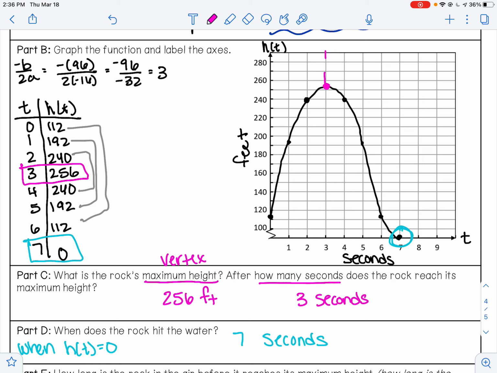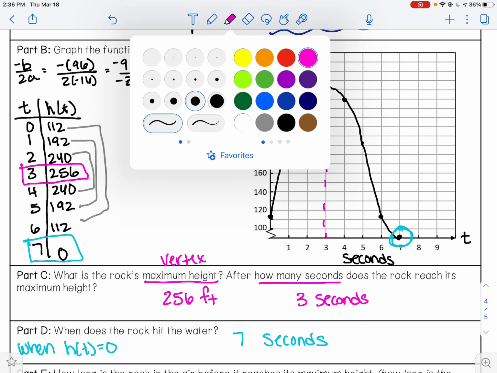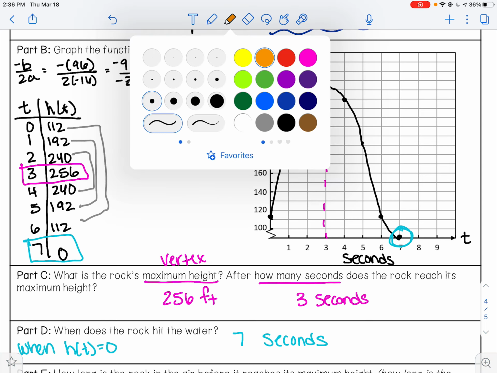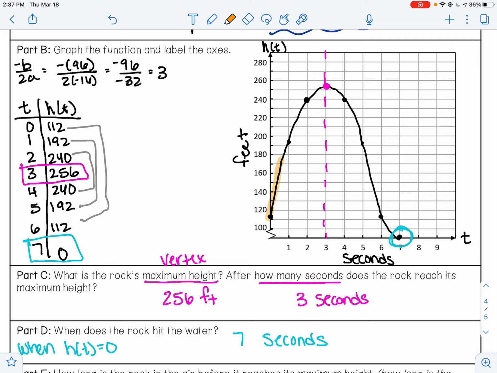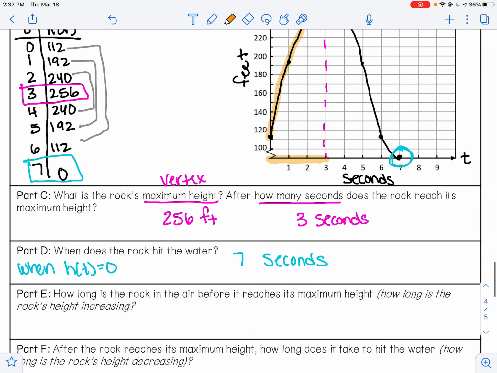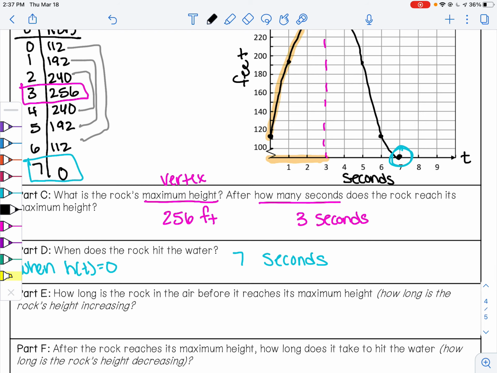So it might help if I go ahead and draw my line of symmetry in here. All right, so again, we're increasing from the beginning to the vertex. So if we look at this, we are increasing from here to here. So that is from 0 to 3. So we are increasing for 3 seconds.